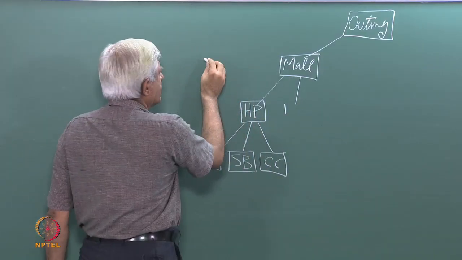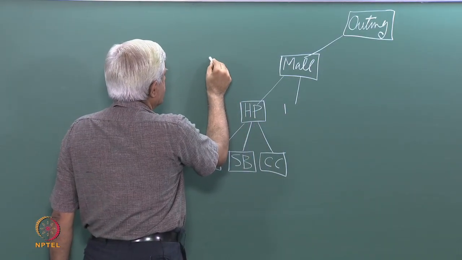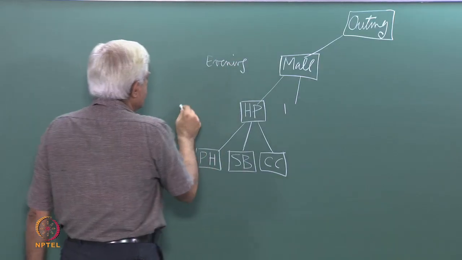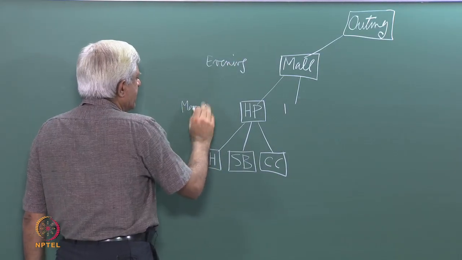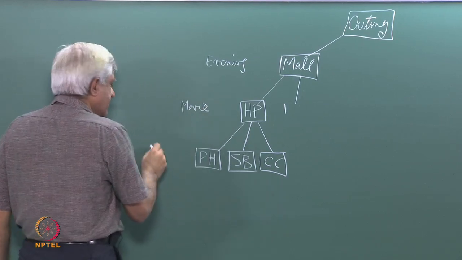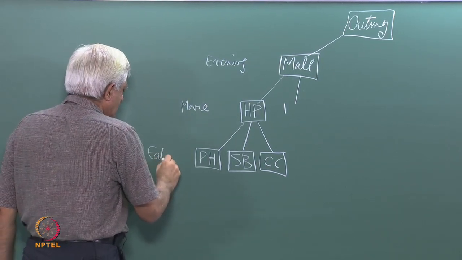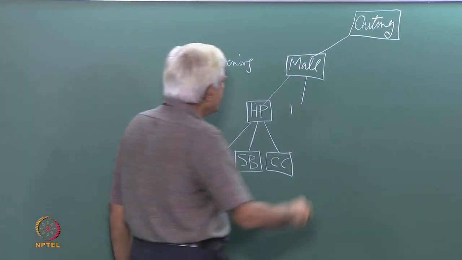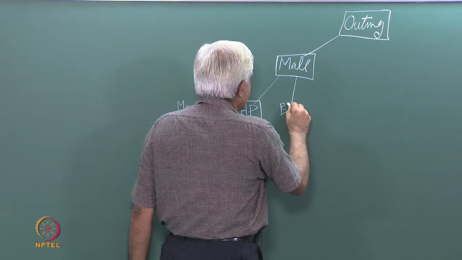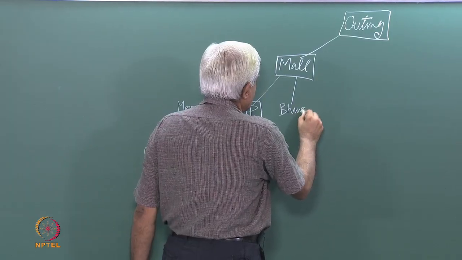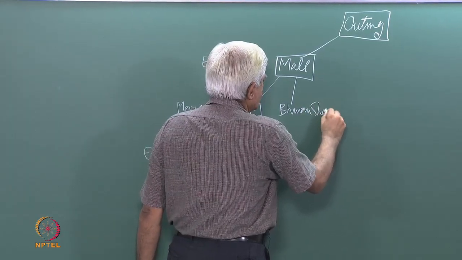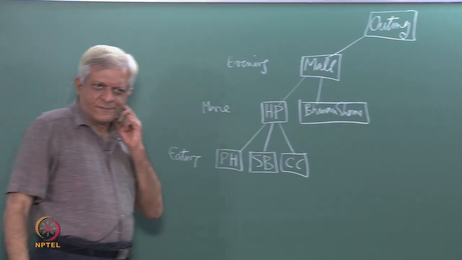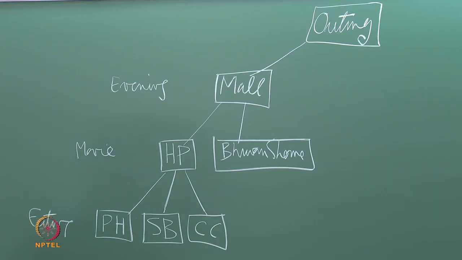So, just to clarify, this is an evening level, so to speak. This is a movie or entertainment, and this is eating out. So, there are 3 decisions you have to make. Let us say you offer to go and see Bhuvan Shome, which is a very nice movie, as most of you might know.